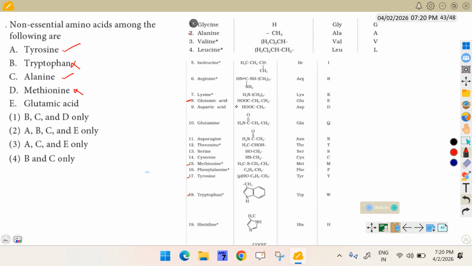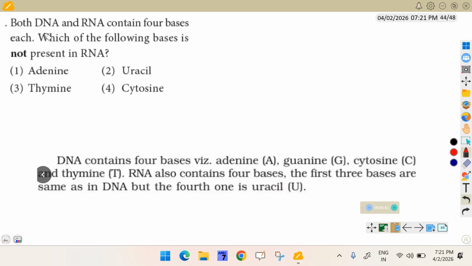Glutamic acid, non-essential. A, C, E, third option. Both DNA and RNA contain 4 bases each. Which of the following bases is not present in RNA? Thymine.